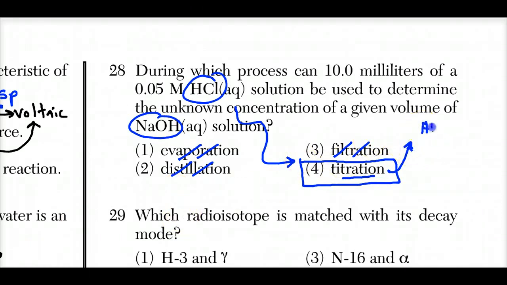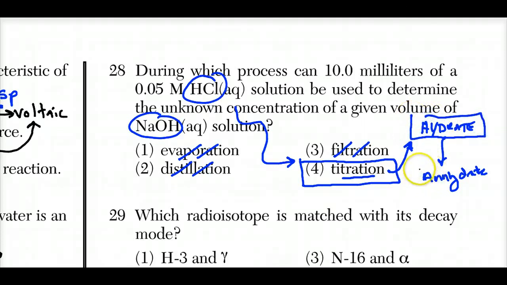You had a hydrate, and after you heat it, it became an anhydrate, a dried compound. Knowing the hydrate's mass and the anhydrate's mass, the difference is the water. So using one piece of information, you can get the percent by mass of the water.